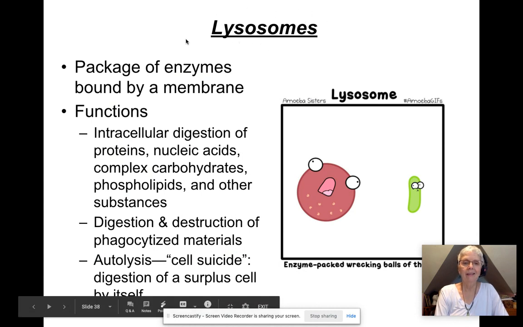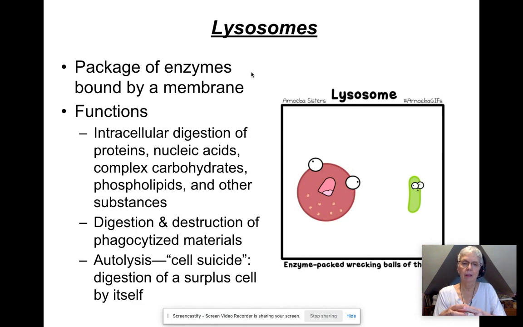Now, a lysosome has a bunch of enzymes in it. Those enzymes are used to digest or destruct materials that are either a foreign body that we don't want in our cell, or a damaged organelle that needs to go.